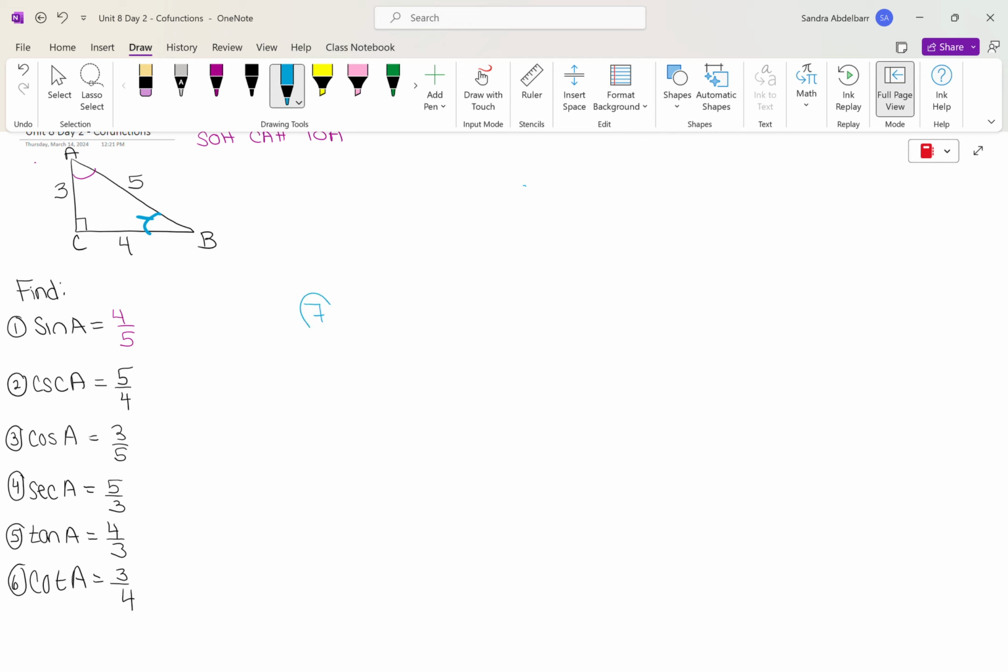All right, so now what I want to do is find all the same trig functions, but now in reference to angle B. Let's go around the classroom to make it fun. Matt, what's the sine of angle B? You got it. Tice, what is the cosecant of angle B? Nico, what's the cosine of B?